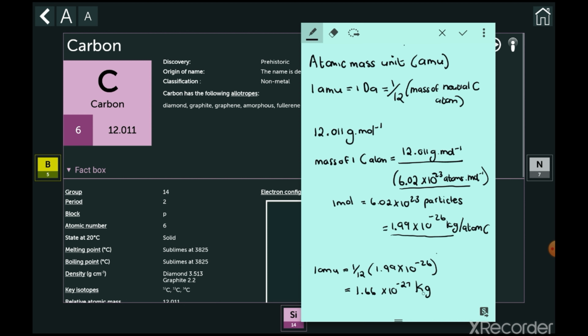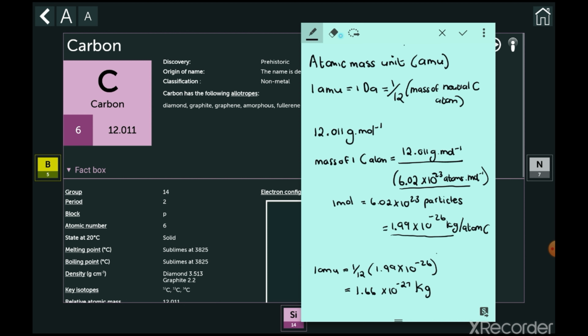That's the mass in kilograms of one atomic mass unit. You don't have to overcomplicate this for yourself, as long as you remember that you can get the grams per mole from the periodic table. You can divide that by Avogadro's number, which is always a constant, as we will define in the next video, where 1 mole is equal to that amount of particles, and those particles can be either atoms or ions or even molecules. So that is atomic mass units.